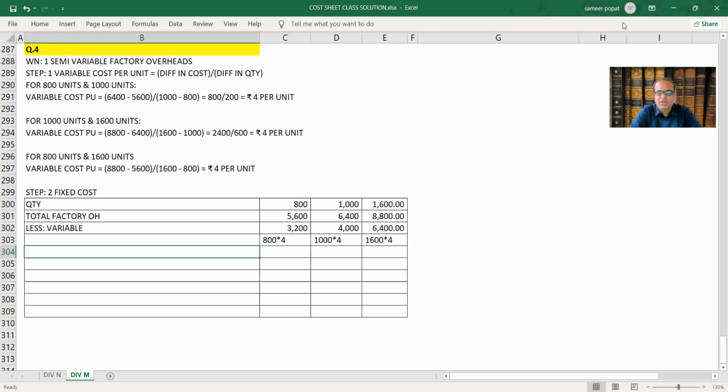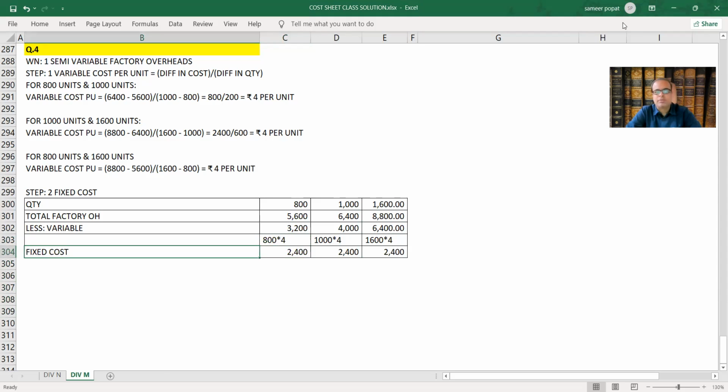Okay, so balance figure would be fixed cost, 5,600 minus 3,200. Similarly, for remaining two, it should be same for all three levels, 2,400 only.